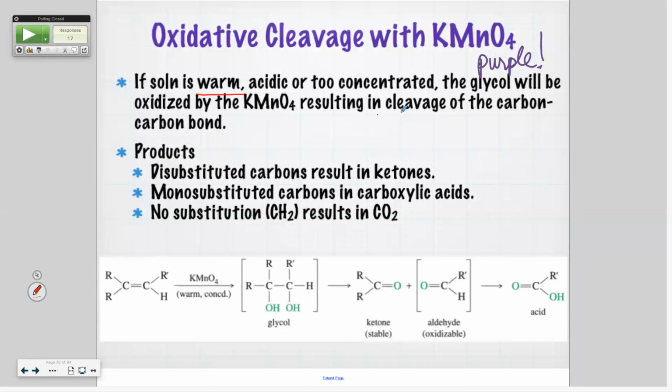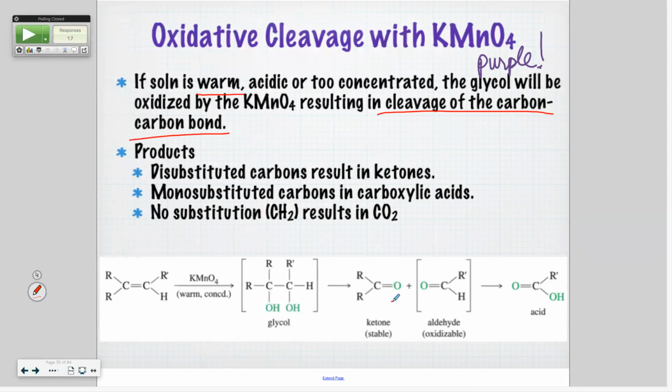And you cleave the carbon-carbon bond between those two carbons. Okay, so here is our double bond down here. We're going to make the glycol, but because it's warm and concentrated, you might warm it. You don't even have to necessarily reflux it. You just have to warm it up a little bit, and it will break into pieces.